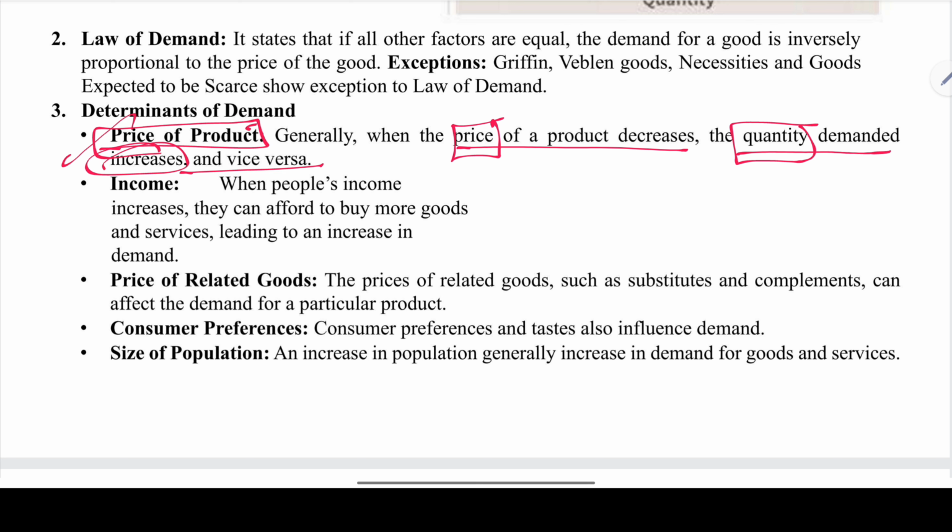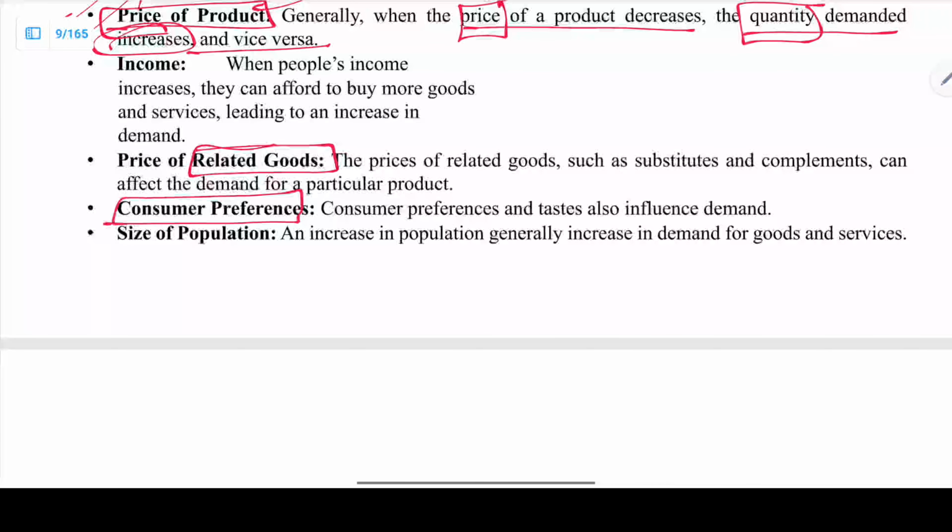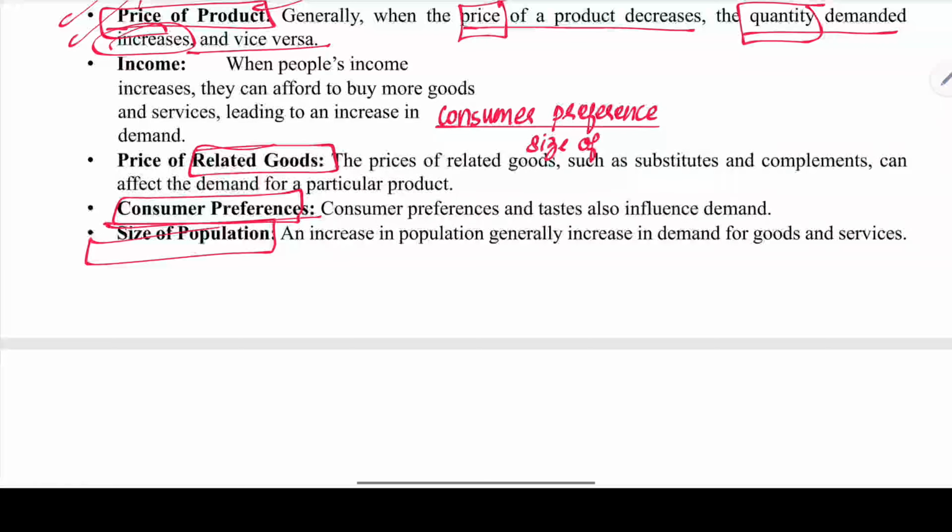The determinants of demand are the price of the product, the price of related goods, consumer preferences, and the size of the population. What does the consumer prefer? The consumer has certain preferences. And then there is the size of the population.